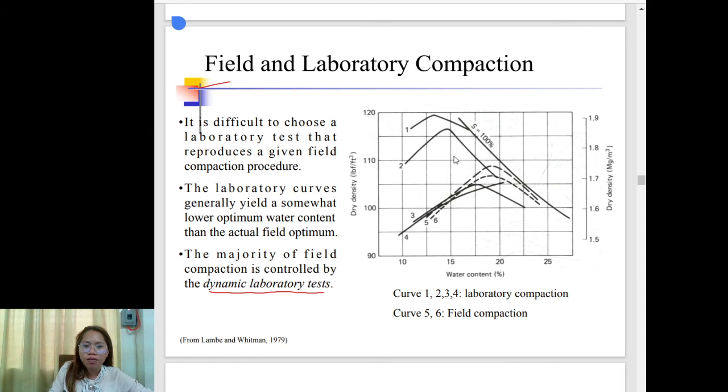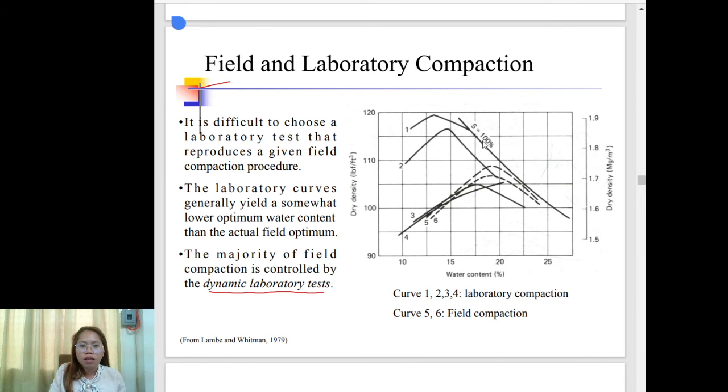In this graph, 1, 2, 3, and 4 represent the laboratory compaction, while 5 and 6 represent the field compaction. The laboratory compaction uses the standard or modified Proctor test, while the field compaction uses rollers or any equipment.